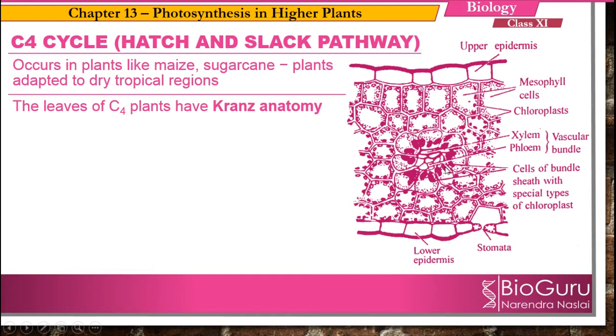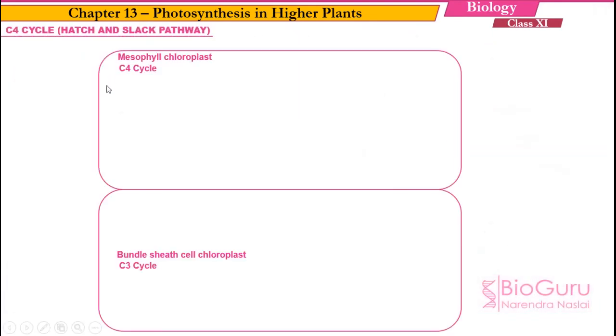Now the C4 cycle occurs between two cells, the mesophyll cells and the bundle sheath cells. We'll study that. Here is a diagrammatic representation of a mesophyll cell and a bundle sheath cell. Overall, this dark reaction takes place in the chloroplast, in the stroma. This is the mesophyll cell chloroplast, and this one is the bundle sheath cell chloroplast.